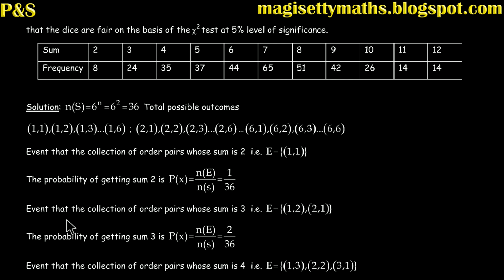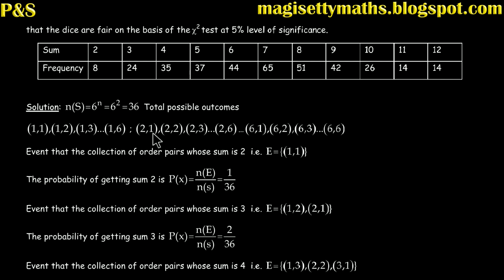Now next, evaluating the probability of getting sum 3. Before that, take the event E, the collection of all favorable outcomes. That is, we have to collect all the ordered pairs whose sum is 3. Now in the sample space we have (1,2) and (2,1).